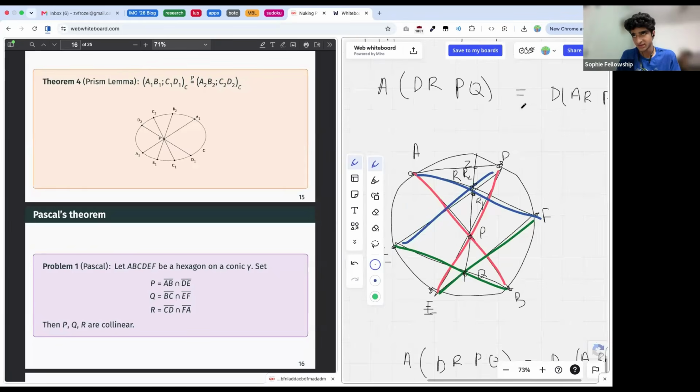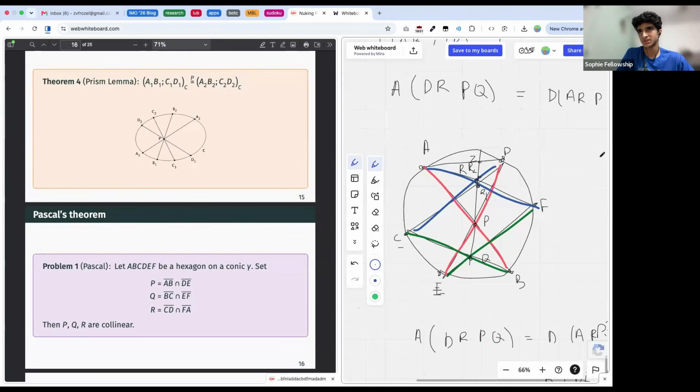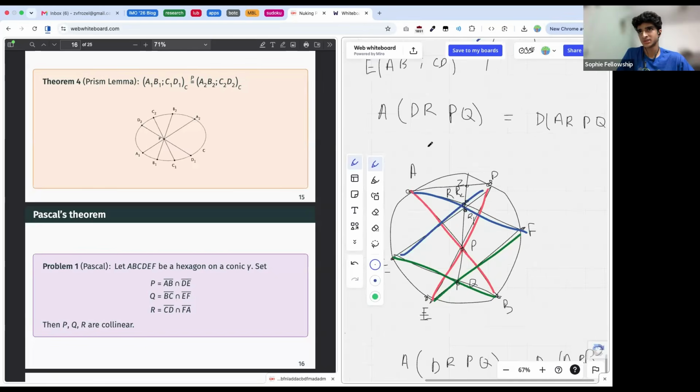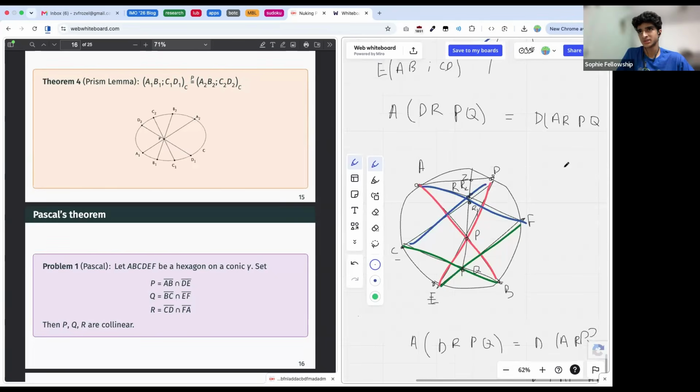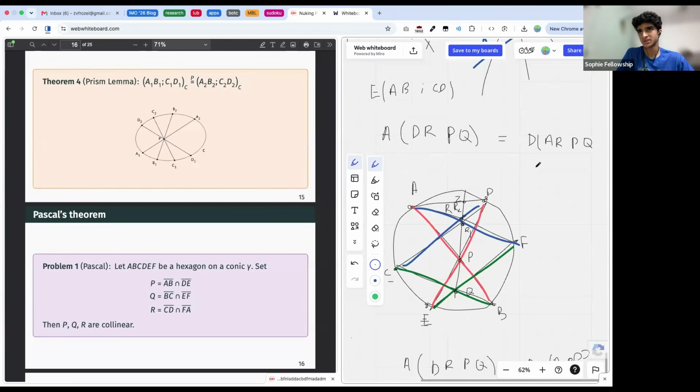Suppose we were able to, by some cross-ratio chase, prove these two cross-ratios are equal. Projecting onto this line, what does this cross-ratio become? It becomes the cross-ratio Z, R1, P, Q. This is a point C, by the way.